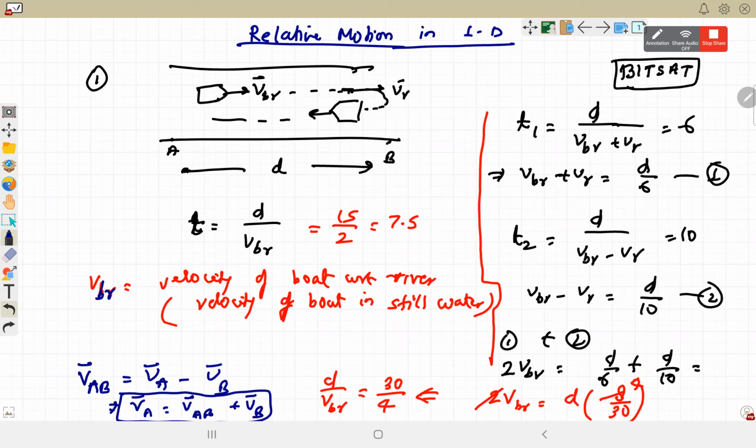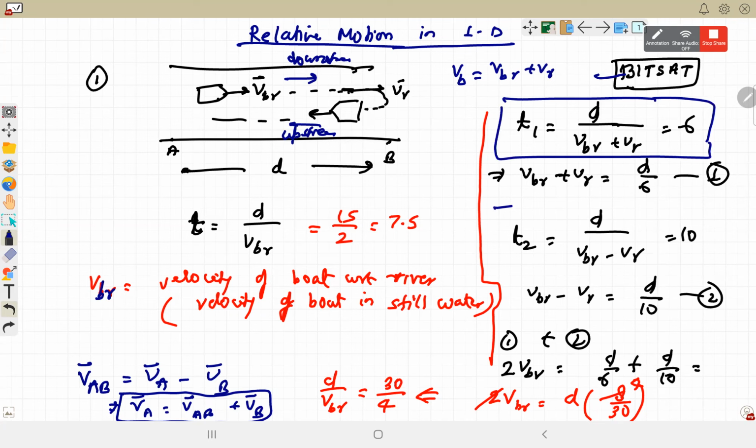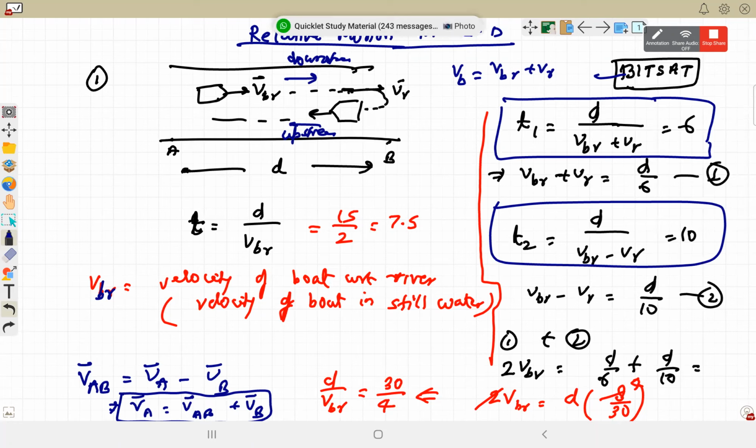So the actual velocity of the boat for downstream is velocity of boat with respect to river plus velocity of river, because in the downstream direction both are in the same direction. In upstream, the boat velocity and river velocity are in opposite directions, so it becomes vbr minus vr. This we actually did last class. We finished there only, that's why I use the same notation. Downstream vbr plus vr, upstream vbr minus vr. Right? Okay.